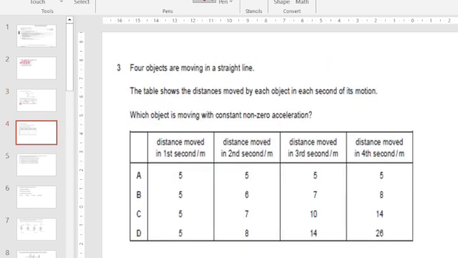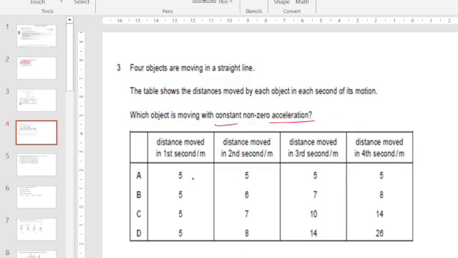Yes. And the next question, third question. Four objects are moving in a straight line. The table shows the distance moved by each object in each second of its motion. Which object is moving with constant non-zero acceleration? So there should be a constant acceleration.